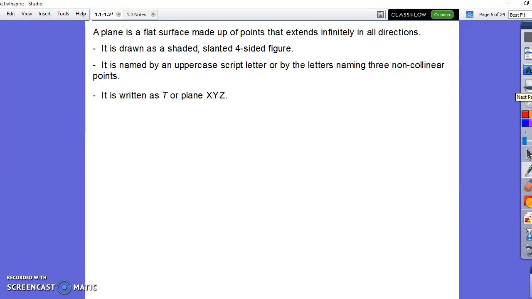When we get into planes, I think this is a little different for most folks. What a plane is, it is a flat surface. So this Promethean board could be a plane. This desktop right here could be a plane. The floor is a plane.